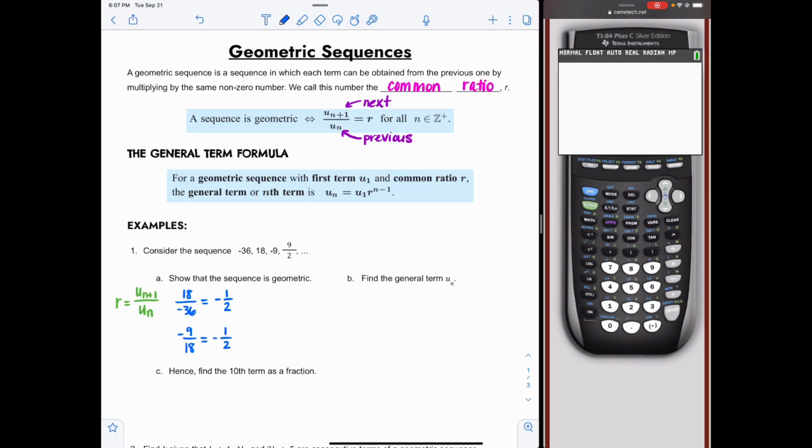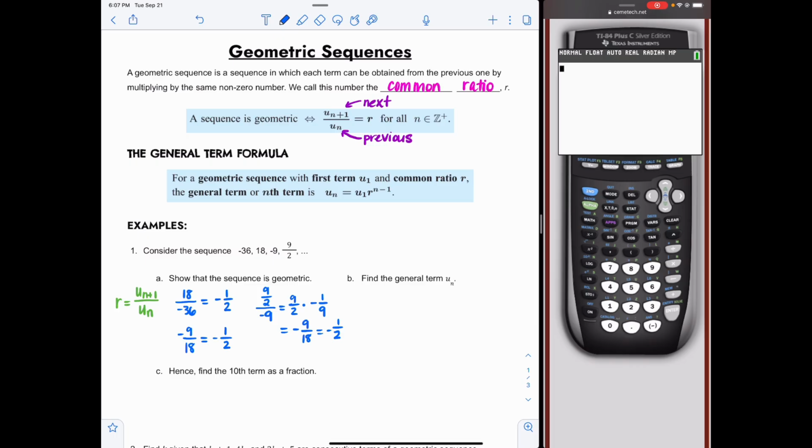And then we can do 9 over 2 divided by negative 9, which is the same thing as 9 over 2 times negative 1 over 9, which simplifies to negative 9 over 18, and that simplifies to negative 1/2 still.